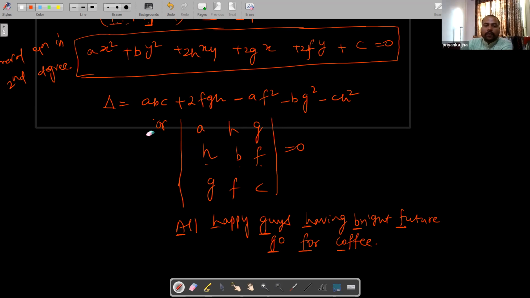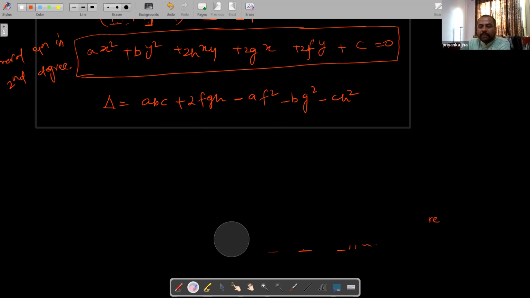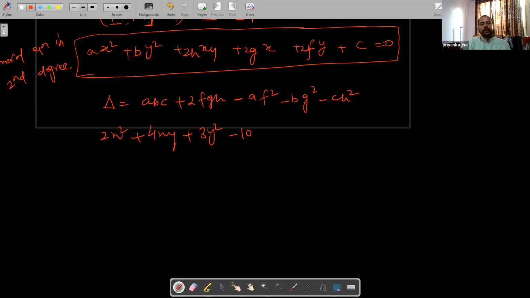Okay, now see. First, you have to find delta. Suppose you're given one equation like 2x square plus 4xy plus 3y square minus 10x plus 12y plus 5.